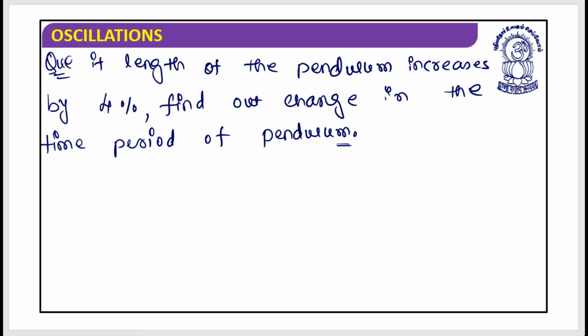That length of the pendulum has been changed, and if the length of this pendulum increases by 4 percent, we need to find out the change in the time period of the pendulum.